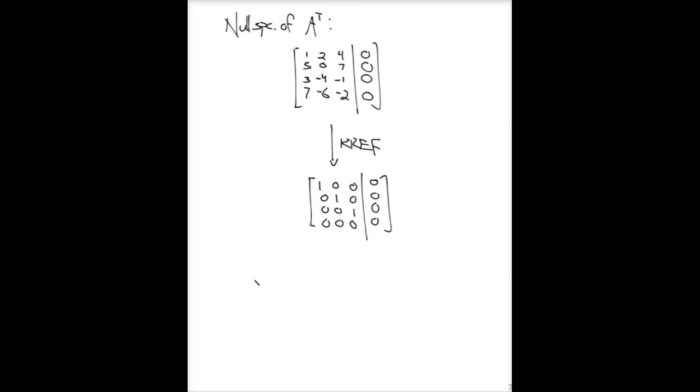Now, to find the null space of A transpose, we take A transpose, use it as a coefficient matrix, form the corresponding homogeneous system, or at least the augmented matrix thereof, and move down to reduced row echelon form to find this system for reduced row echelon. If we denote our variables for our homogeneous system by Q, R, and S, then we immediately see, using the first, second, and third rows, that we have S equals 0, R equals 0, and Q equals 0.